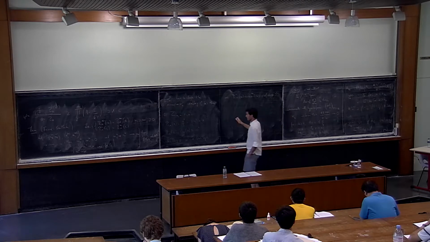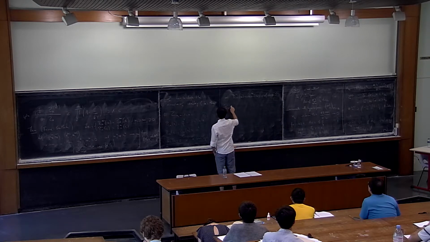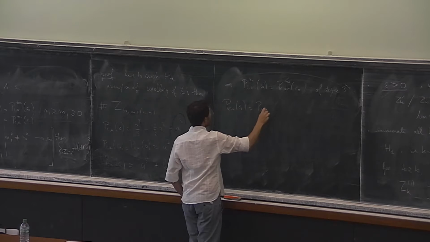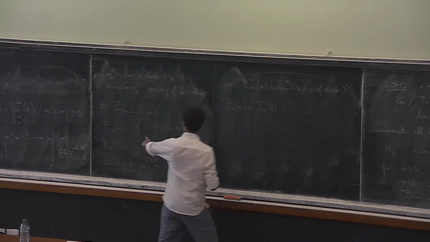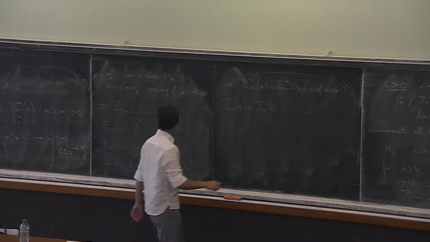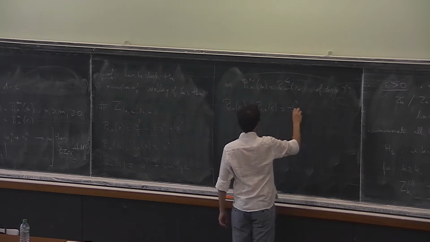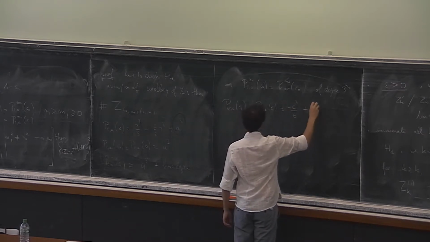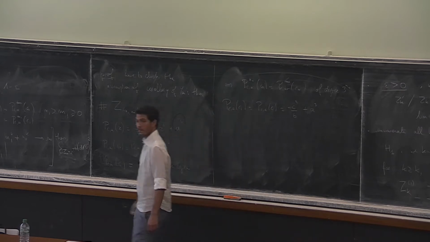And for C1 it's the same. If you look at P_{C1,A}, you have Z cubed minus C Z squared over 6 plus A cubed. So the formula is a little more complicated.